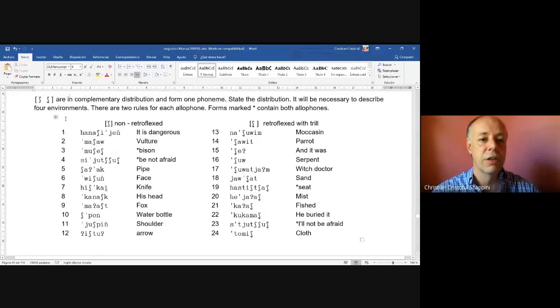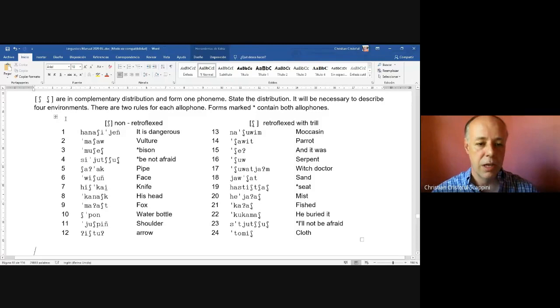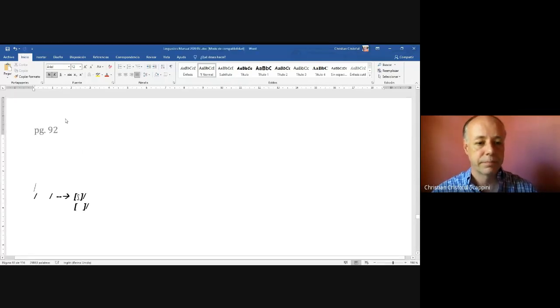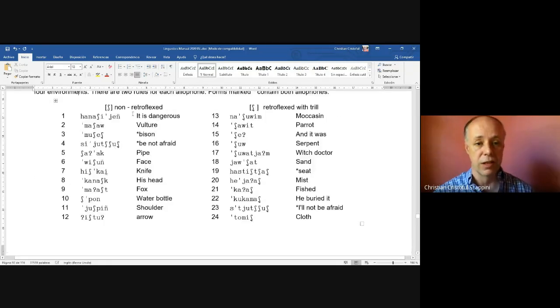We don't care about the order in which the rule appears. There. Very good. So we still do not know which one the phoneme is.